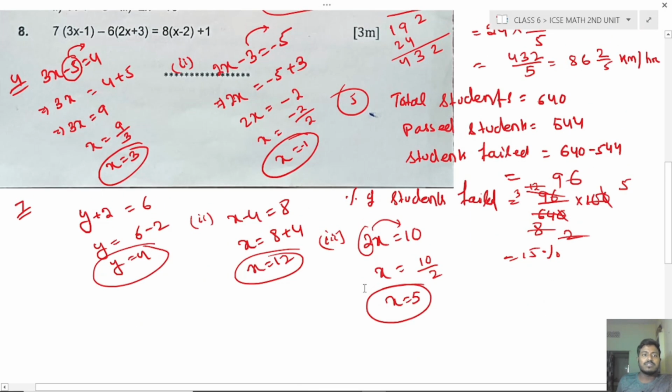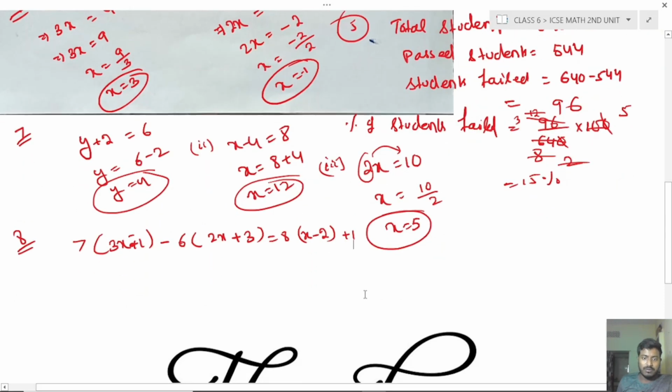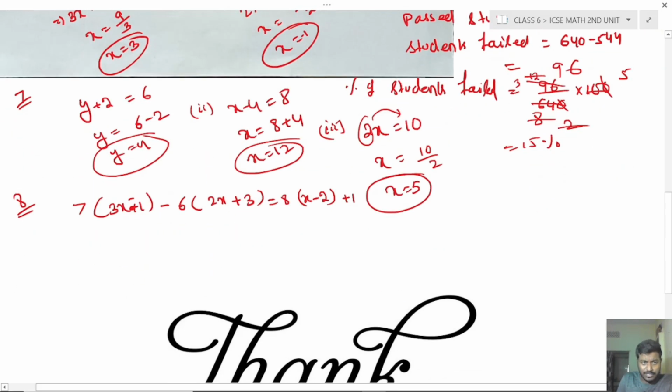Next question, question number 8, and it is important. How to solve this question? Now 7 into (3x minus 1), minus 6 into (2x plus 3), equal to 8x minus 2 plus 1. So solve. First we multiply 7 into 3, that is 21x.